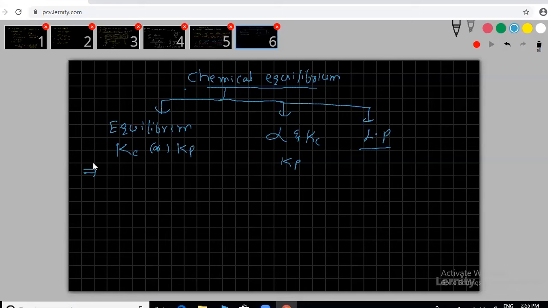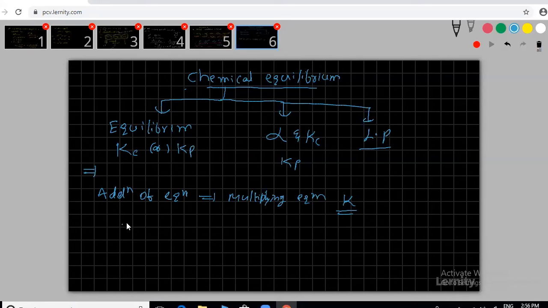Next, if suppose I am adding two equations, addition of equations means we have to multiply the equilibrium constants. Multiplying equilibrium constants. Okay.